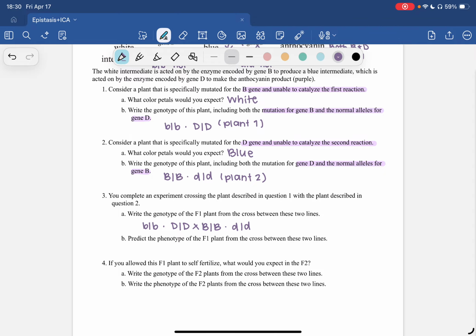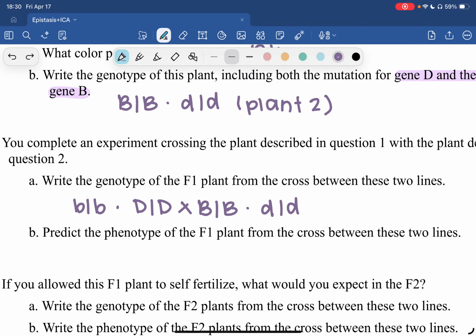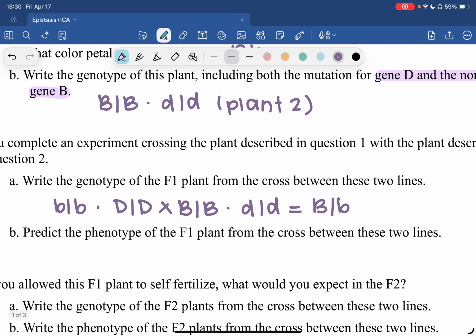And then if you would do a regular Punnett square, you would get one big B, one little b, so heterozygous for the B gene, and heterozygous for the D gene. And we got that by little b times big B, little b, and big D, little d, and big D, little d.